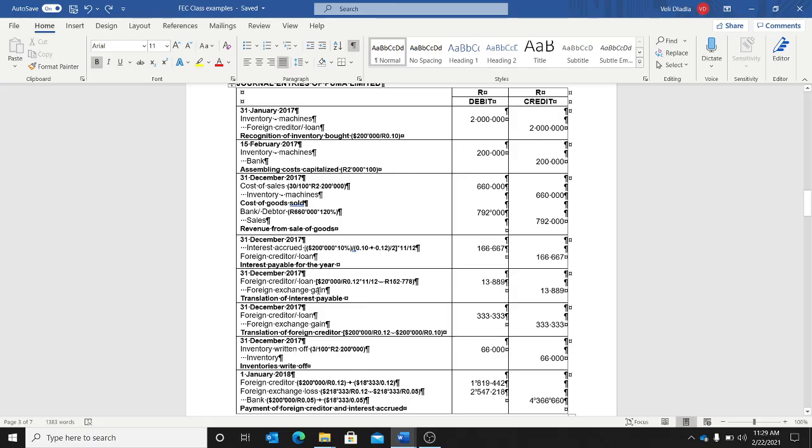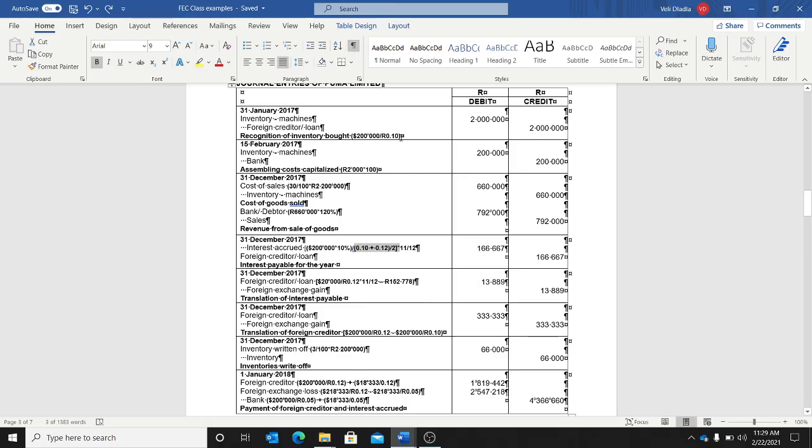Okay, now let's deal with the easy stuff first, the interest. You've got $200,000 at 10%. Now, the rule says you must use what we call an average rate. You'll see here, when you're dealing with interest, you use an average rate. You see here, 0.10 plus 0.12 divided by 2.